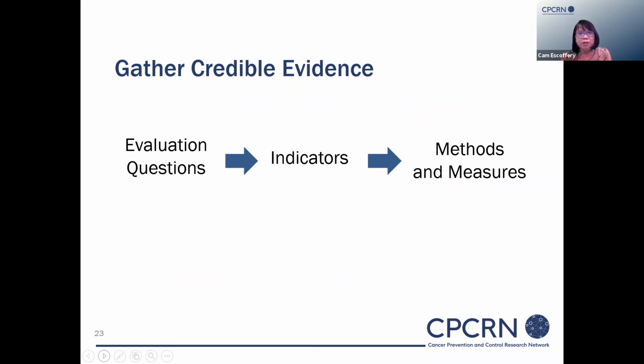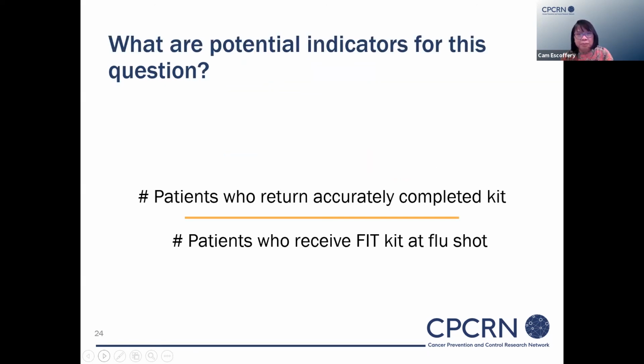So for each of your evaluation questions, before jumping to, I want to do a survey or other things, we have put into the pathway that you want to consider what are the most important indicators that you need to have to answer that evaluation question. And then brainstorm with your evaluation team, what are the methods to best collect those data? Again, thinking about accuracy, burden, and those types of things that we often think about in evaluation. And then also consider the measures. Do you have them in place, or do you need to develop them?